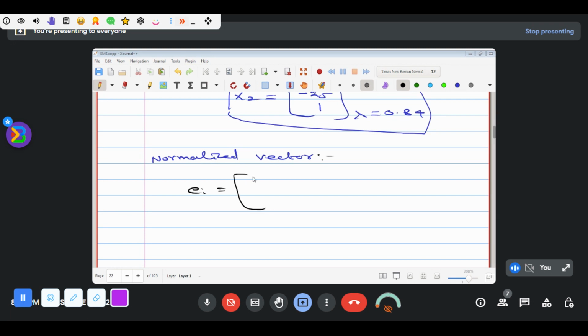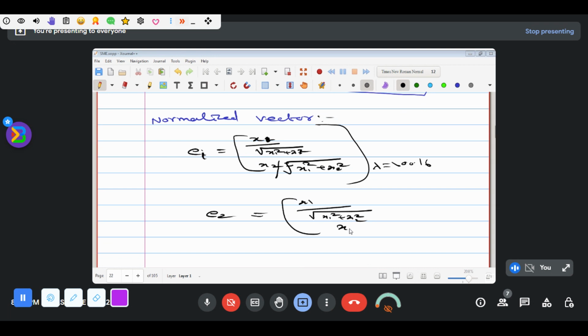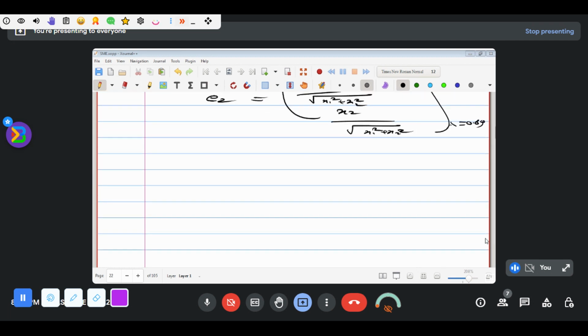With only 2 eigenvectors, E1 equals x1 divided by root of x1 square plus x2 square, and x2 divided by root of x1 square plus x2 square. This is the E1 formula along lambda equal to lambda 1, which is 100.16. Similarly, we can find E2, with the same formula but using the other eigenvector: x1 divided by root of x1 square plus x2 square and x2 divided by root of x1 square plus x2 square, around lambda equal to 0.84.